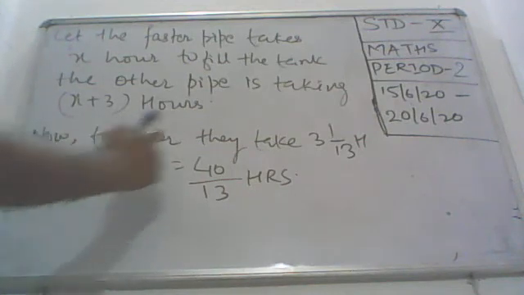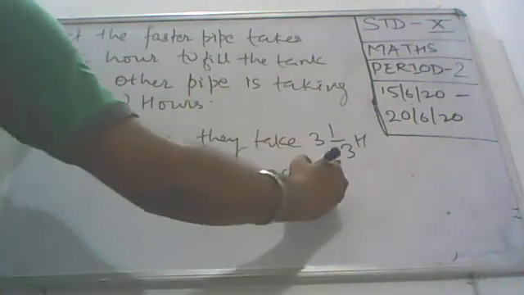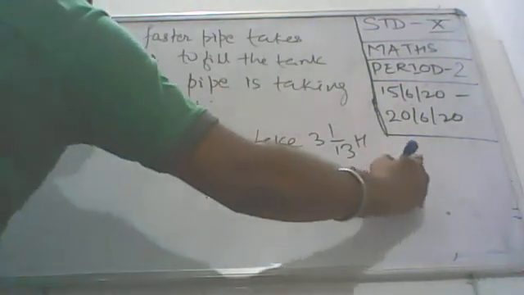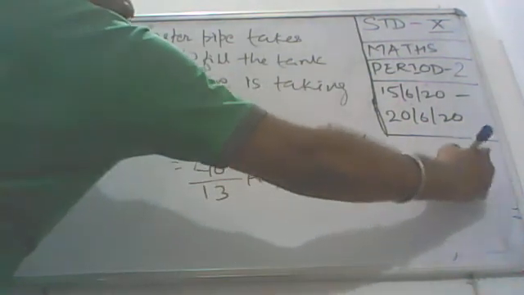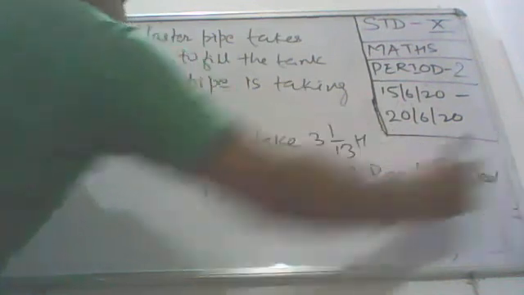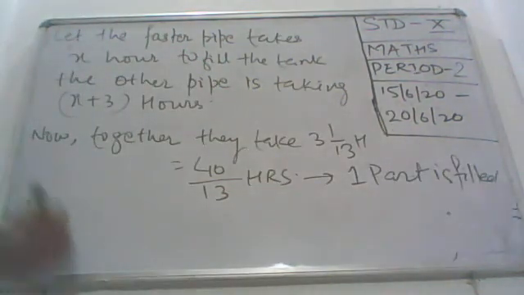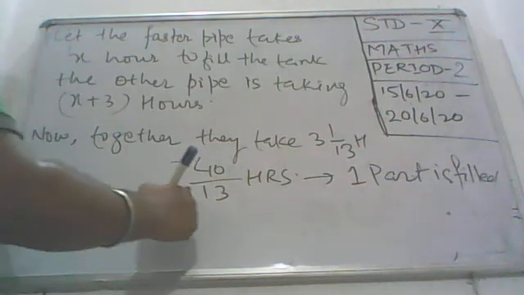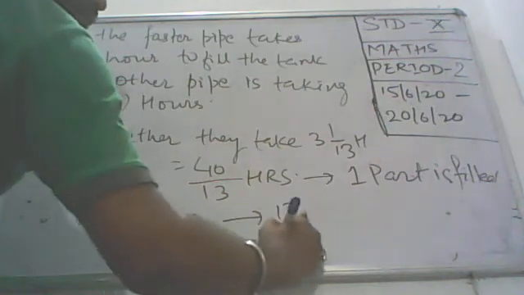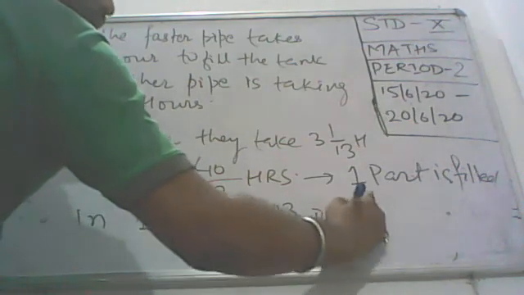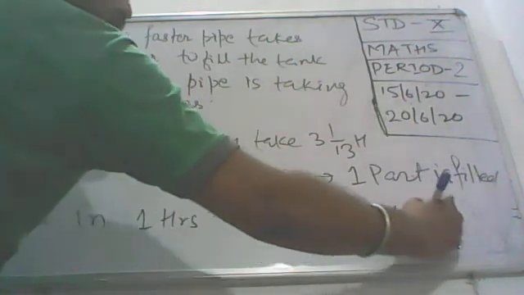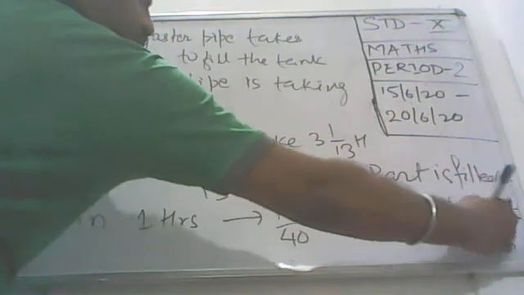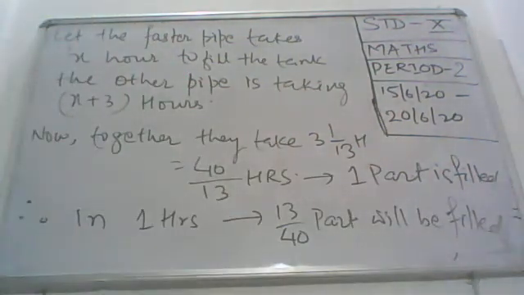So in this much time one part, that is the tank, is filled. Hence we can say that in 1 hour 13 by 40 part will be filled. Okay, it is clear from here.